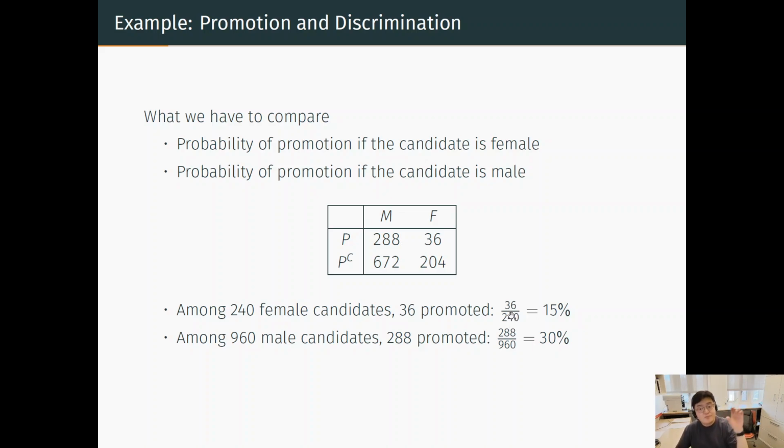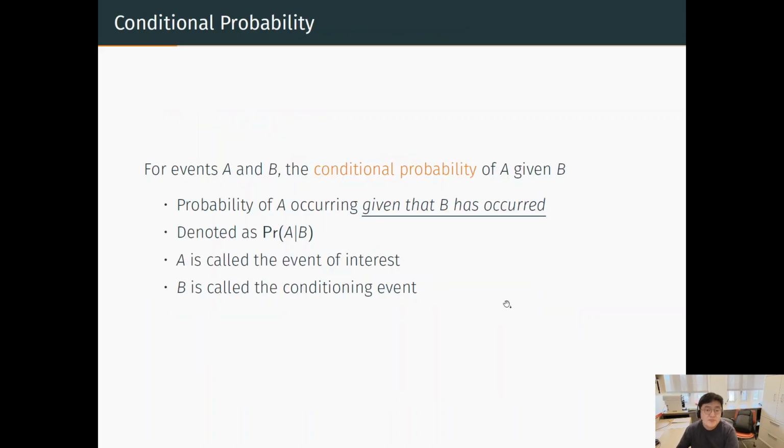It adjusts the pool size across gender. So that is the conditional probability. It is a change of the experiment, right? Not just randomly choosing anyone, but randomly choosing given a condition. Randomly choose an officer given that he is male or she is female, right?